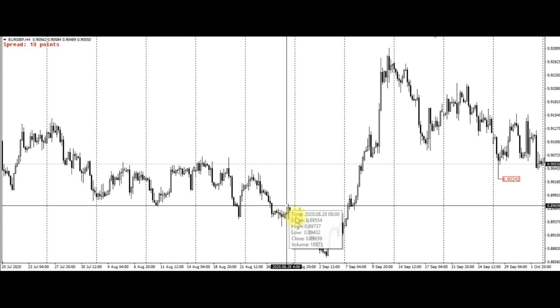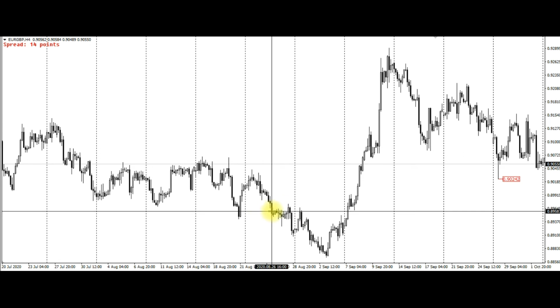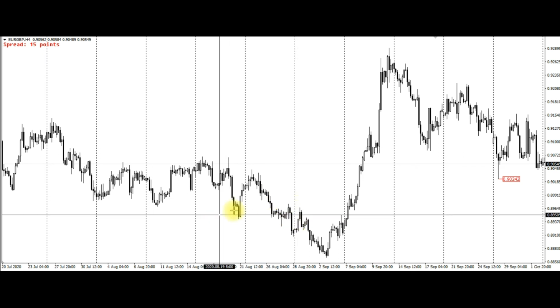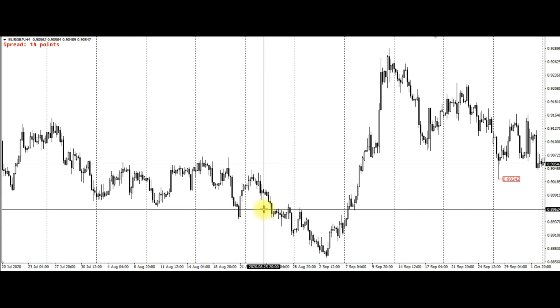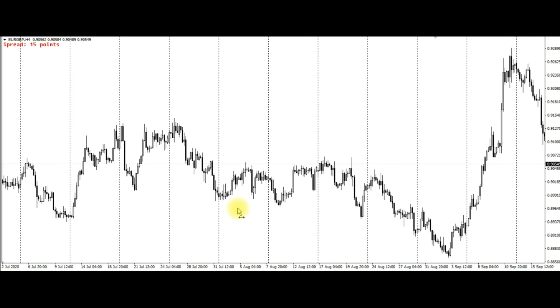And then there was a sell off. So that's the bearish breaker. That's a failed order block. A failed bullish order block will give you a bearish breaker, and then a failed bearish order block will give you a bullish breaker.